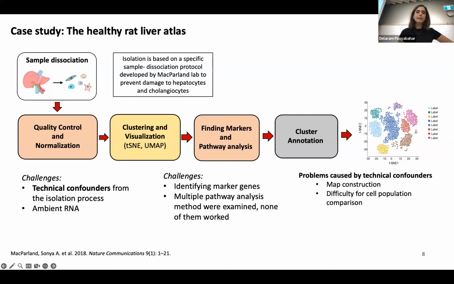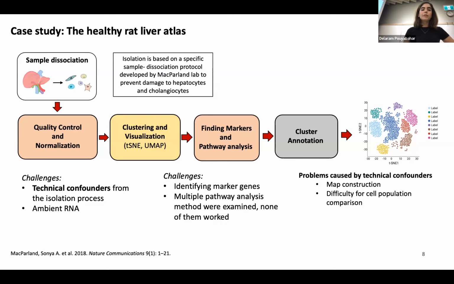As a result of this ambient RNA contamination, the marker list that we got didn't really make much sense. So we couldn't perform annotation other than the marker genes. No matter what pathway analysis you performed on this set of markers, none of the pathway analysis methods would work.